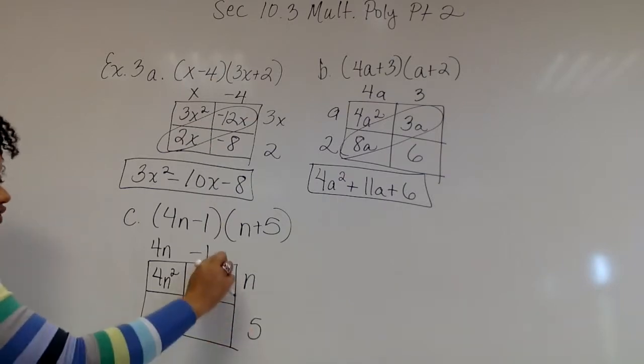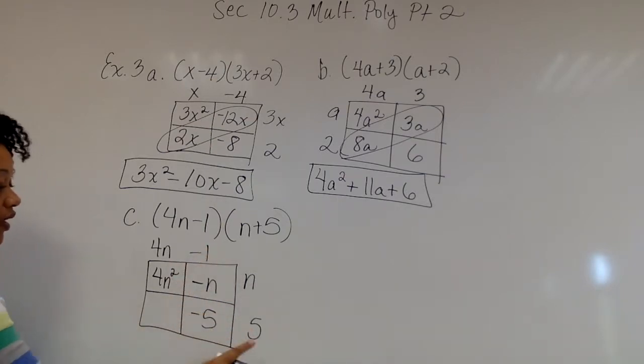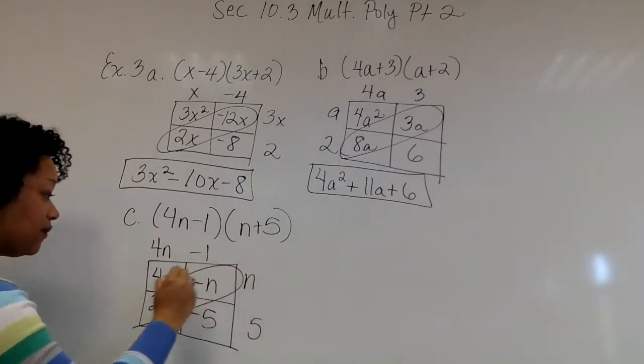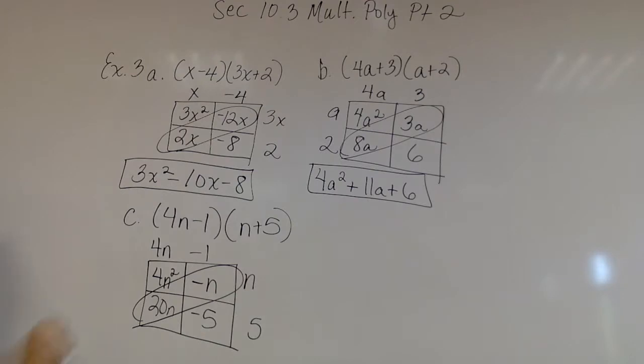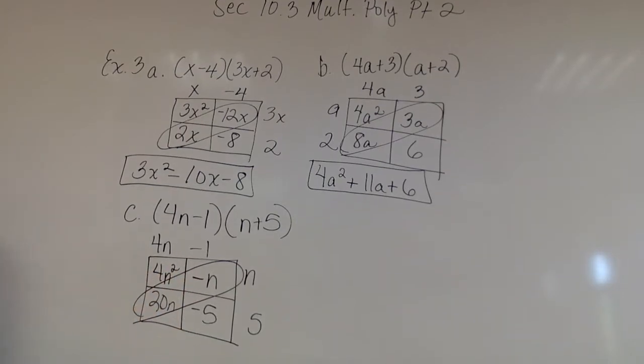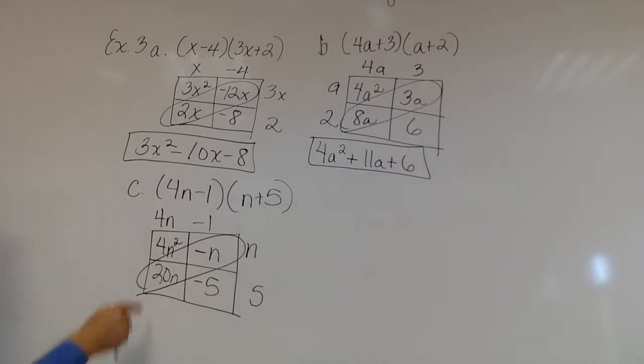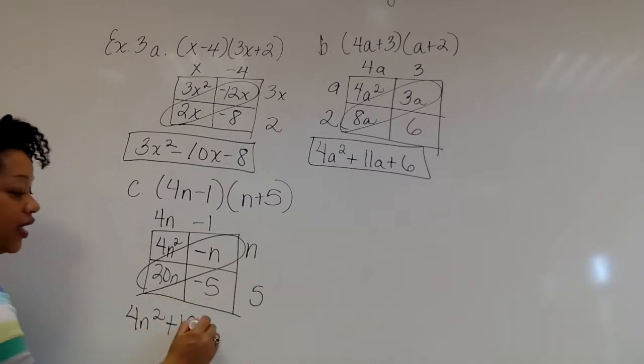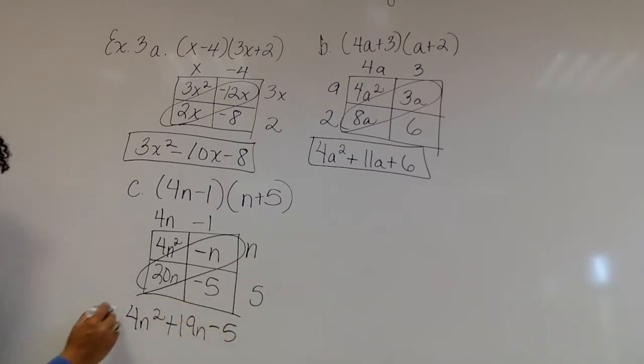Got it. 5 times negative 1, 5 times 4n. Okay? Combine the diagonal. Negative n plus 20n is 19n. So when I'm ready to write it, it becomes 4n squared plus 19n minus 5.